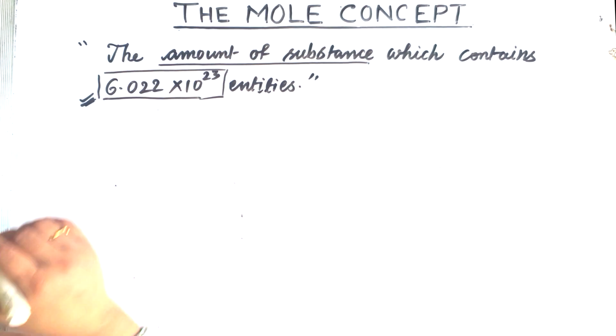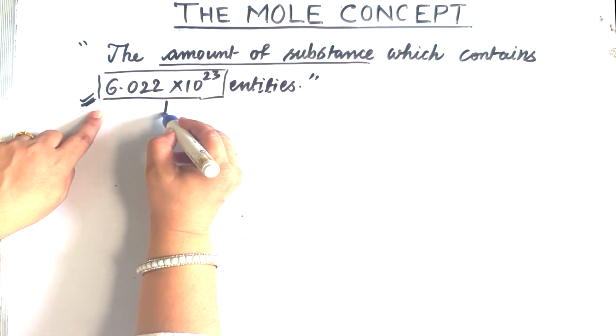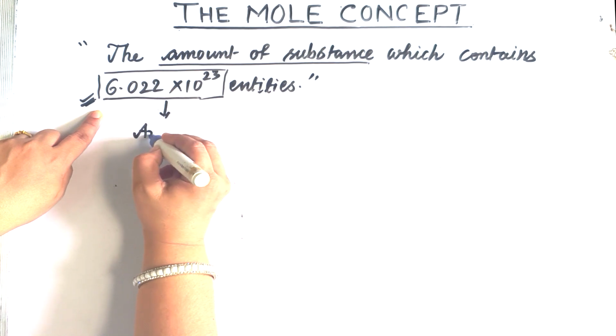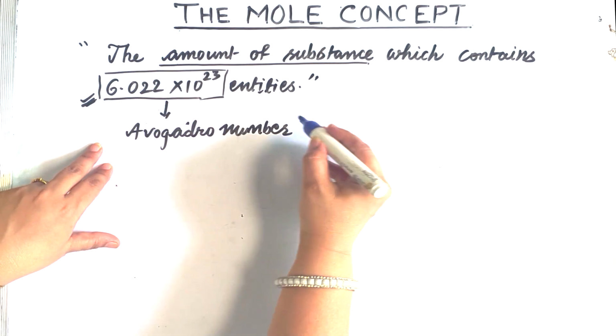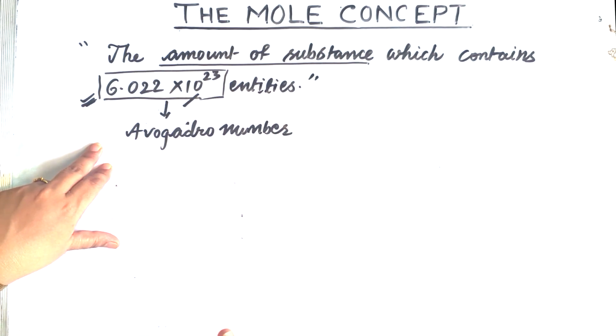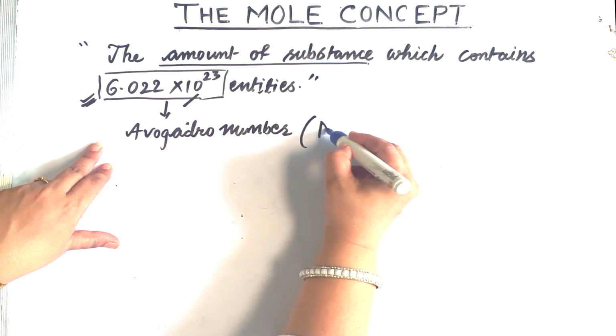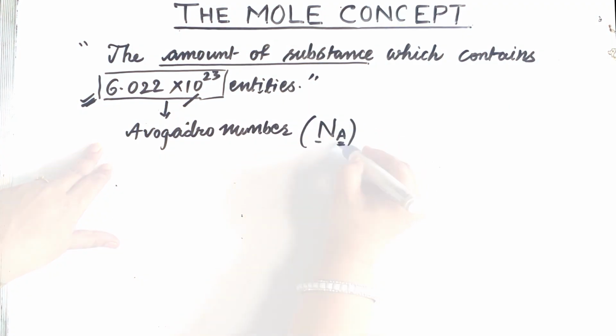This number which we are dealing with here is also known as Avogadro number, and this number 6.022 into 10 raised to power 23 is symbolized by Na. Now what problem do we have? Just imagine how many zeros are there.